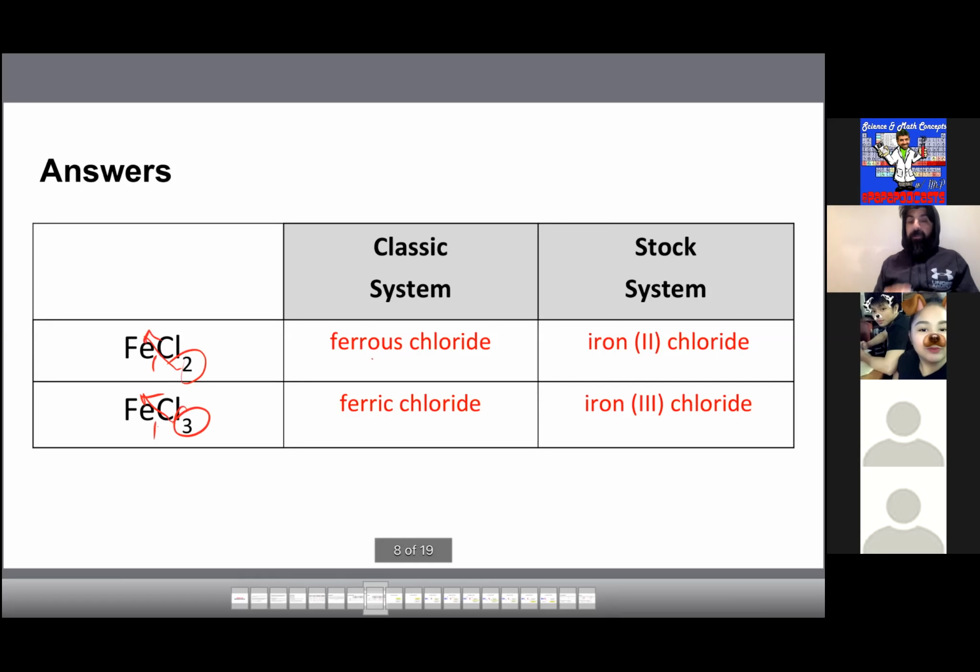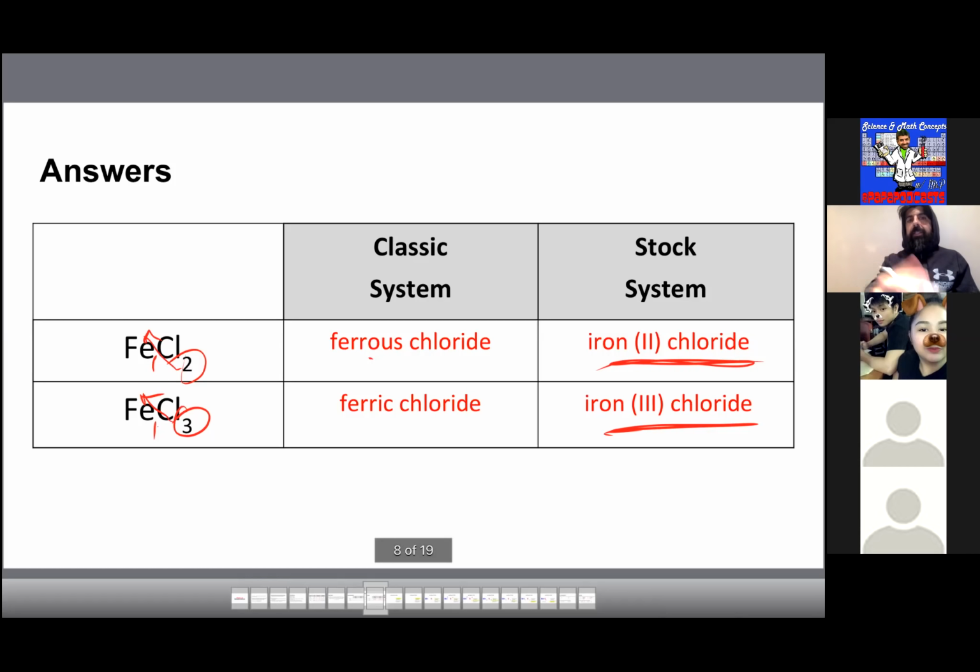If we're using the classic system name, I'm going to be very specific. I typically give the stock system name, and for the course evaluations we're going to try to stick to the stock system to make things a lot simpler.